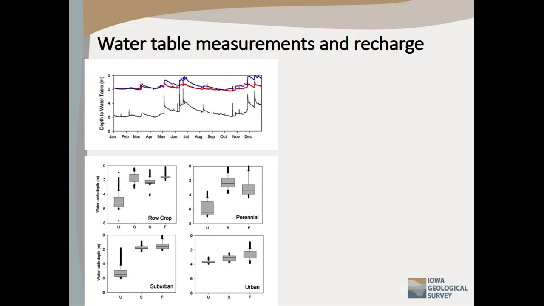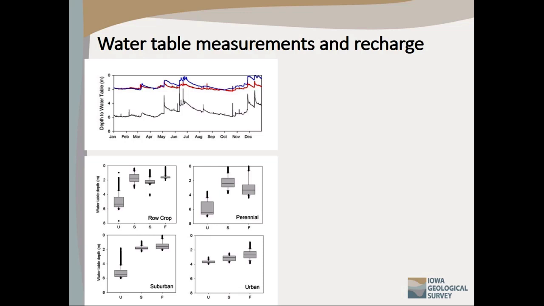We put in water level transducers. So we characterized 275 square kilometers with 13 wells. This is one idea about how we can use this kind of approach to scale up groundwater monitoring at a watershed scale.